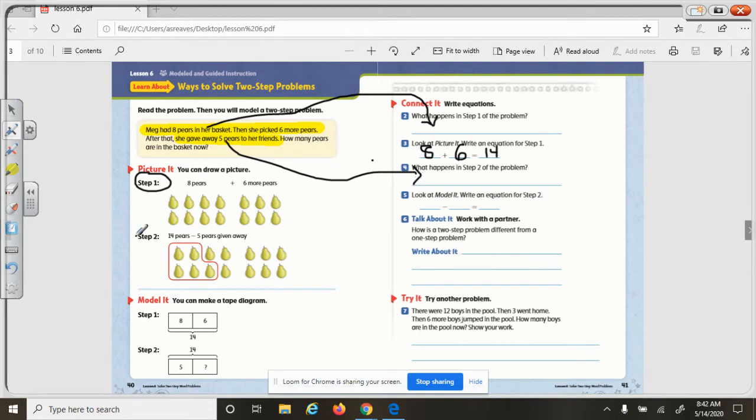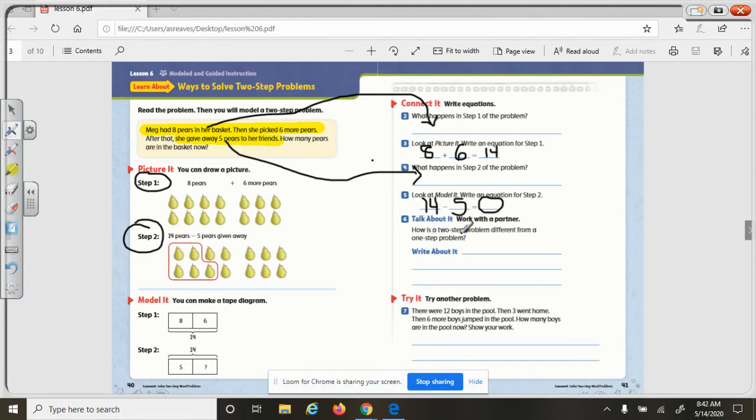Now when we look at the model for step 2, we know that we have to start with our whole number because we're subtracting. We've come up with a sum or a whole number of 14 when we added the pears together. But now Meg is taking away, or subtracting, 5 pears. So right here, I want you to come up with the answer of after she took away 5 pears, how many she had.